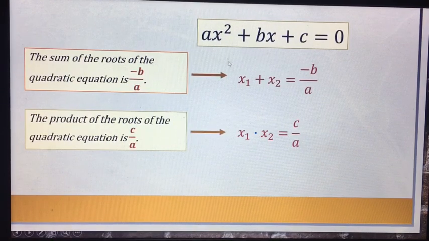In the product of the roots, c is the constant term of the quadratic equation, and a is the numerical coefficient of the quadratic term. So, using the coefficients, we can immediately find the sum and product of the roots of the quadratic equation.